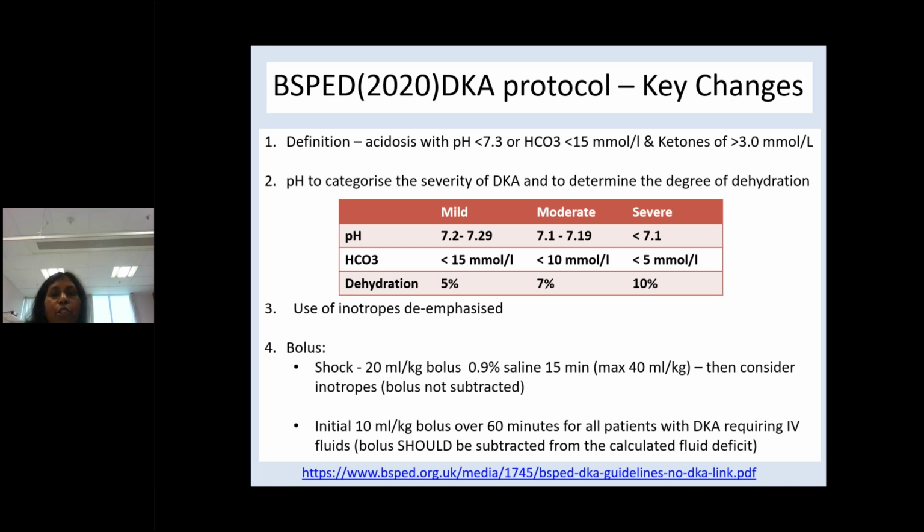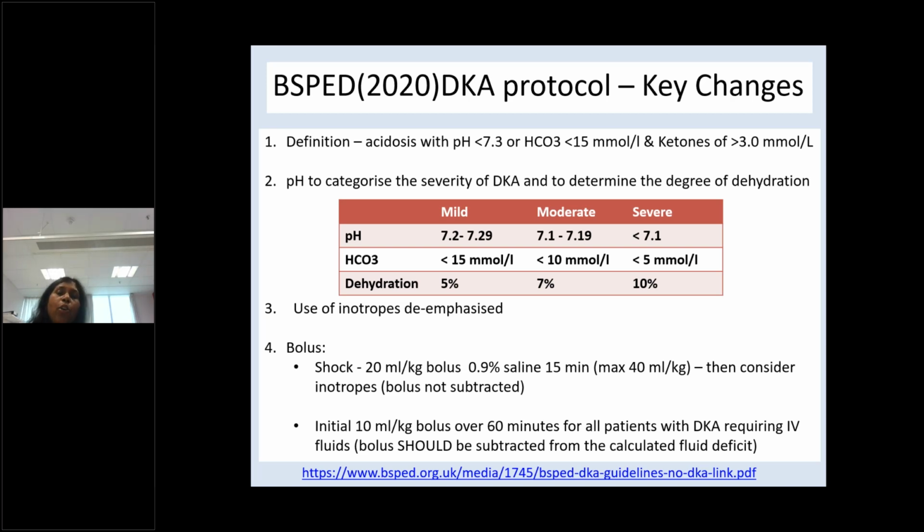And previously, we used to categorize DKA as mild or moderate and severe based on the pH of less than 7.1 or more than 7.1. However, there are further stratifications to that now, and we have 3 forms. Mild is anything between 7.2 to 7.3, and the bicarb should be less than 15 millimoles per liter, and the dehydration is calculated as 5%.